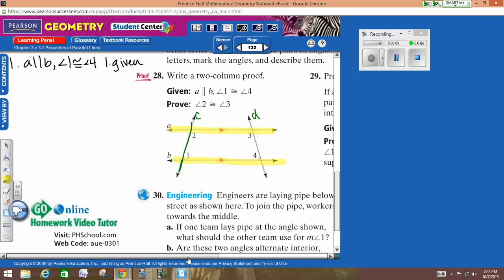If I look at transversal C, then I'm looking at angle 1 and 2. What do you know about 1 and 2? Same side interior, and since these lines are parallel, then those same side interior angles are going to be what? Same sides are supplementary. Yep. Bless you. How should we write this?